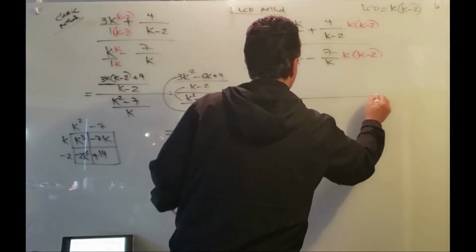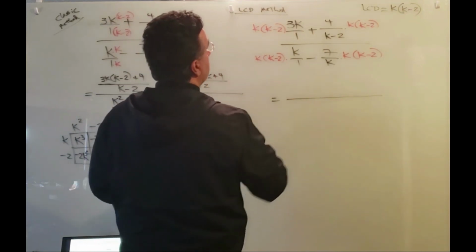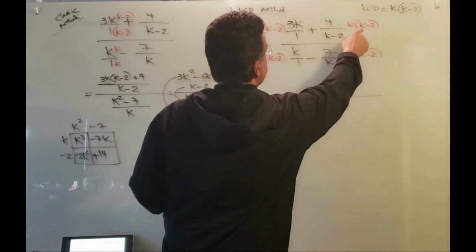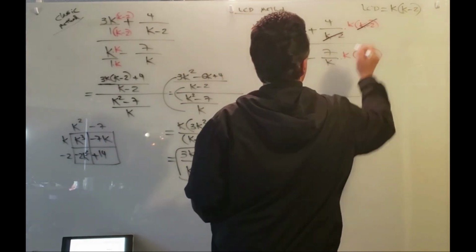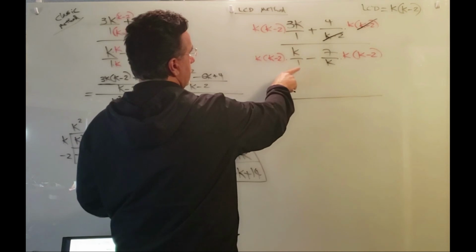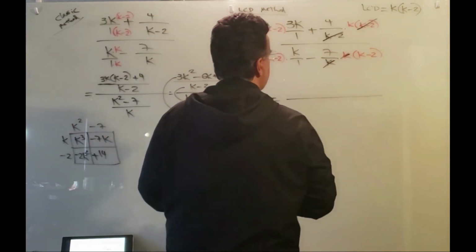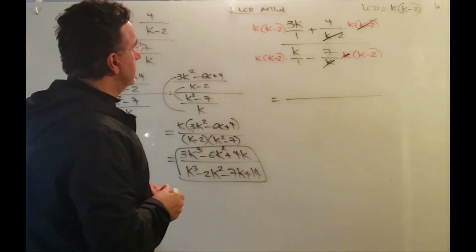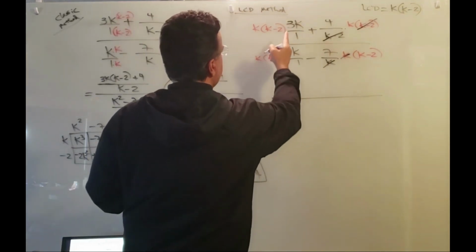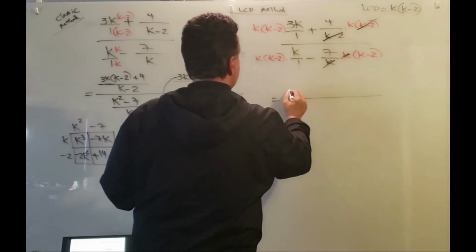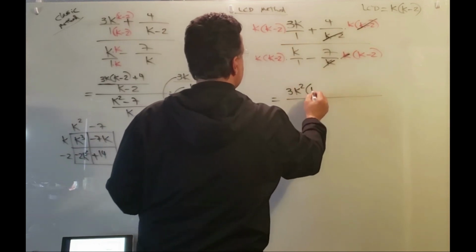So notice that on the top here there is no cross canceling, but here we can cross cancel the k minus 2's, right? Here there is no cross canceling, but here we can cross cancel the k's, right? So notice we end up with 3k squared times k minus 2.